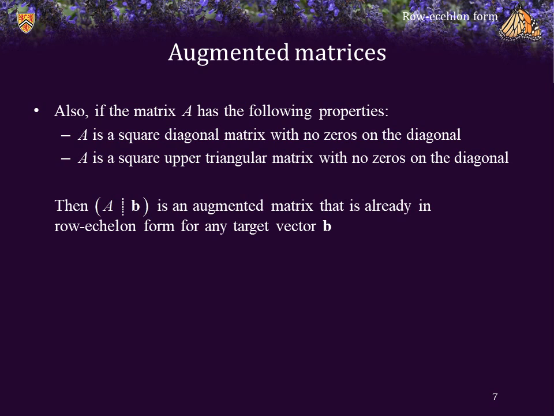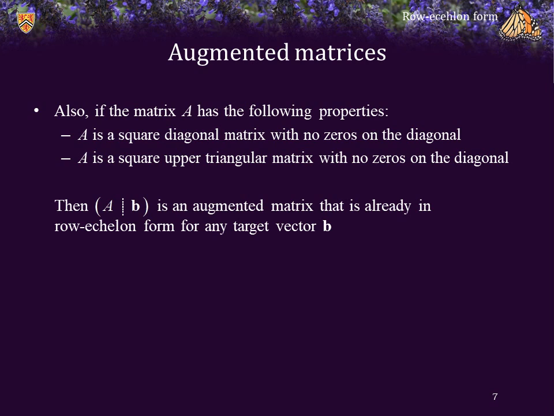For the vector B must be of the same dimension as A. If A is n by n, then any linear combination of n vectors must be an n-dimensional vector.